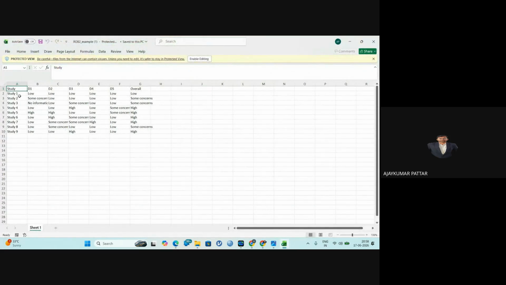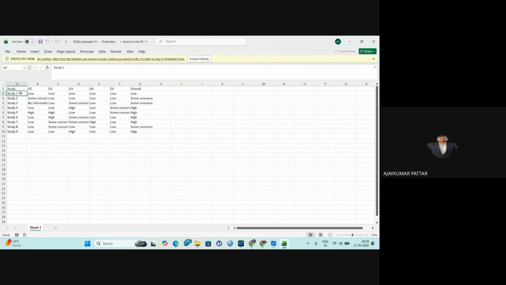So here study 1, study 2, study 3, study 4. You can give the first author and year, as we already extracted the name and other things. You have to give that particular study ID, or even study ID 1, 2, 3 can be mentioned. But generally we are taking first author and year.